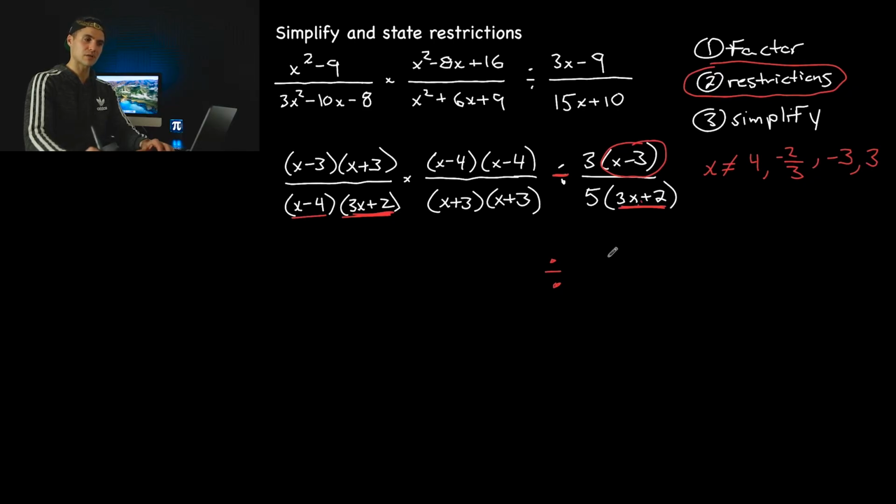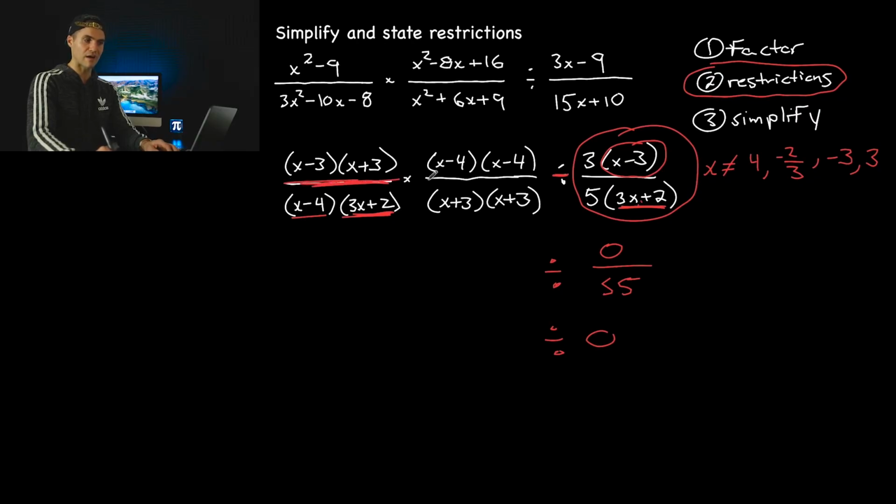If x is 3, we're going to end up having 0 over 11 times 55, so that'd be 55, which is going to make this entire thing equal to 0. And then you're going to be dividing by 0 there, and you can't be dividing by 0.